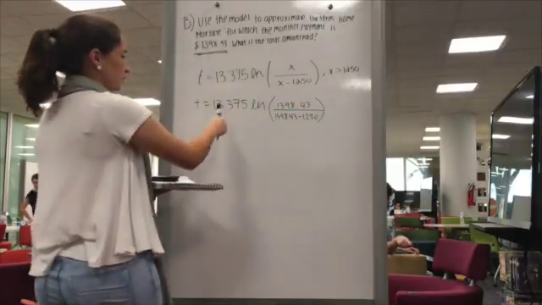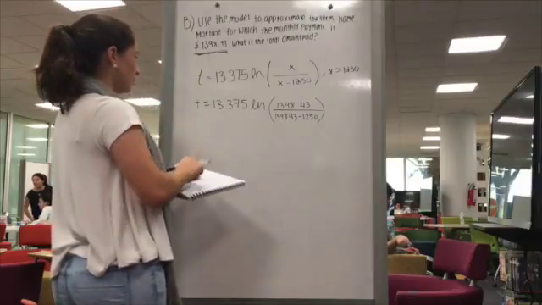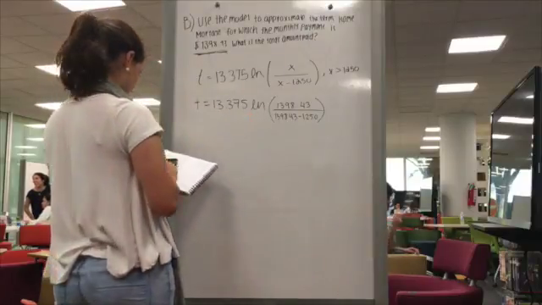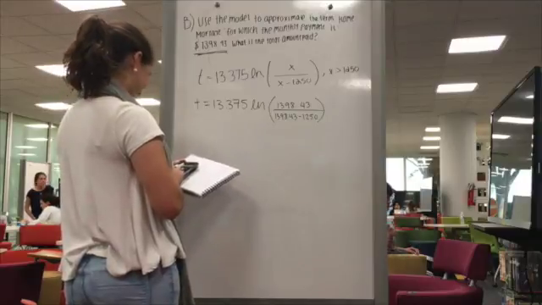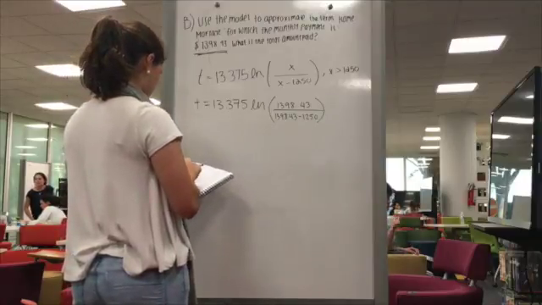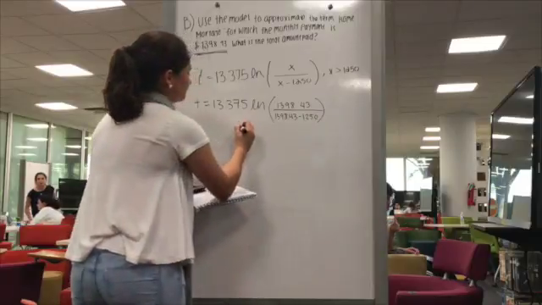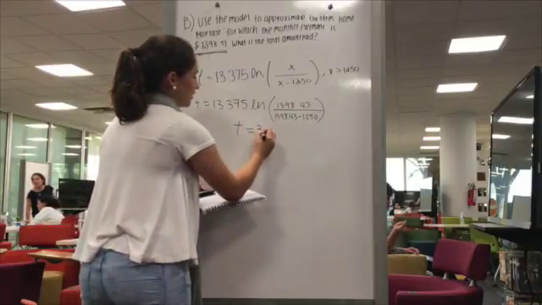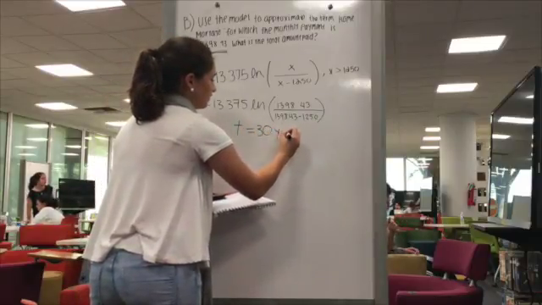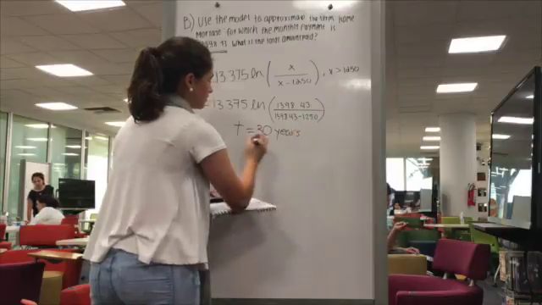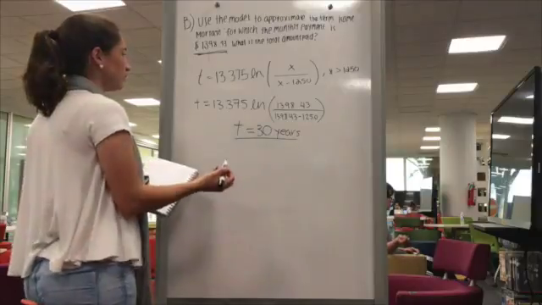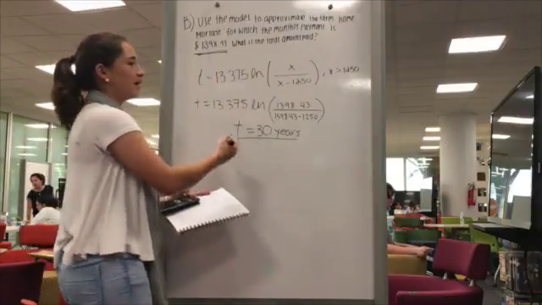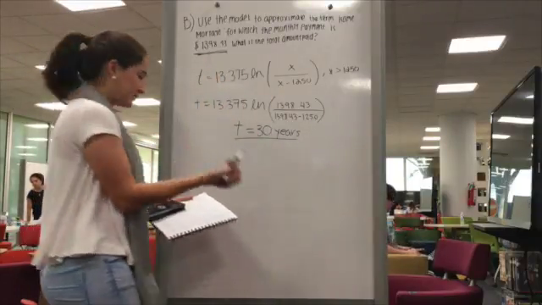This is what you plug into your calculator with the ln and everything, and your answer is 30. So this means that it is 30 years. Now that you have your T, the only thing you have to do is multiply the given amount by the years, like time.